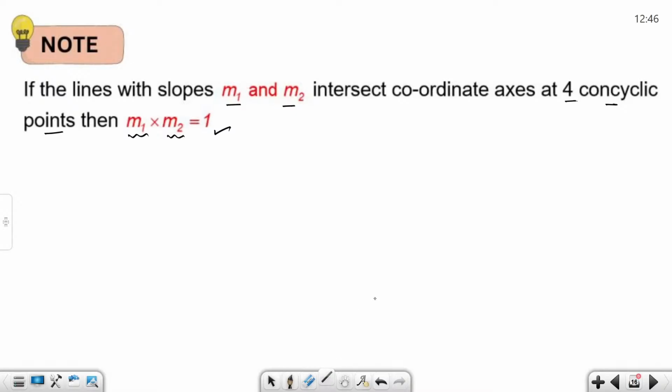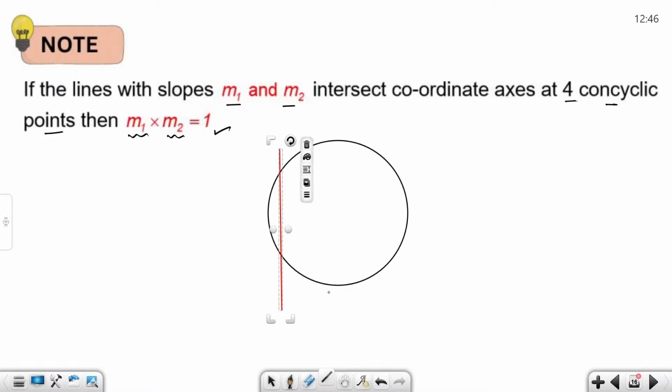What they're saying is, let me just draw the circle first, and then let us draw the coordinate axis. Now they have said that there are two lines.